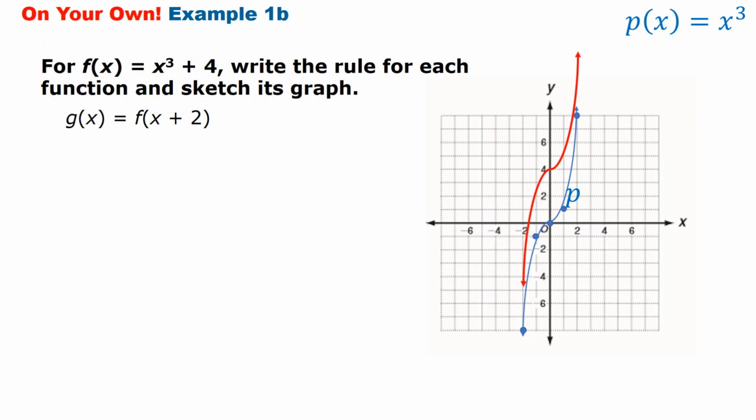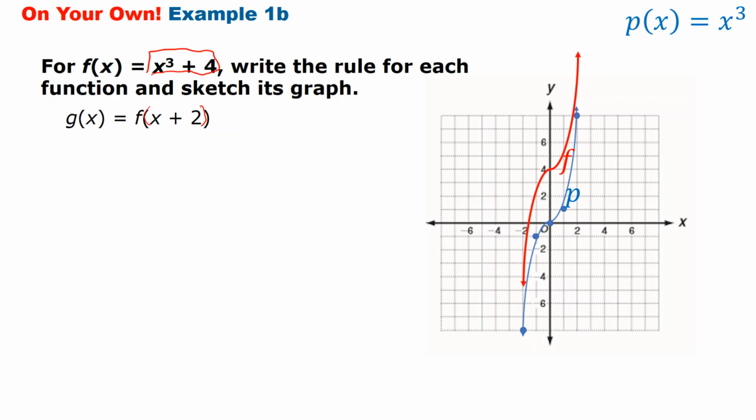Now our new graph is going to take f and substitute x plus 2 every time we see an x. We can remember that whenever there's something snuggled up in parentheses with our x, that tells us it's going to be a horizontal translation. Horizontal is horrible, so we're going to take f and move it 2 places to the left.